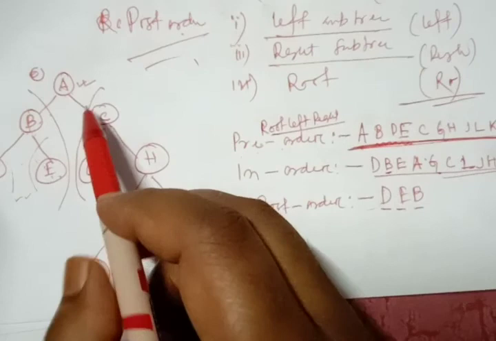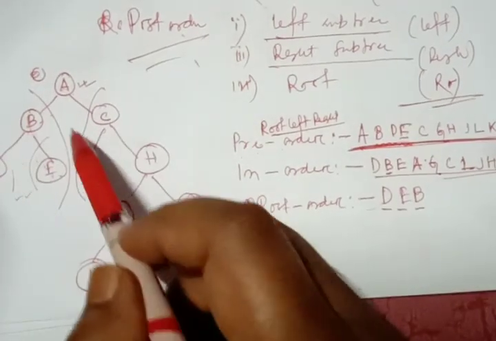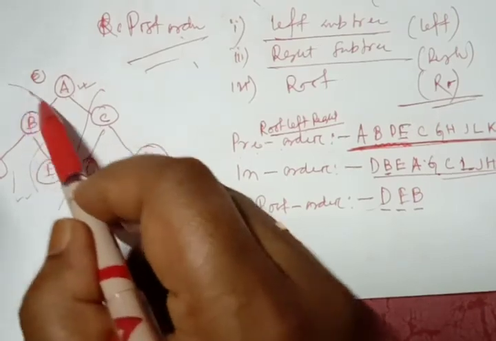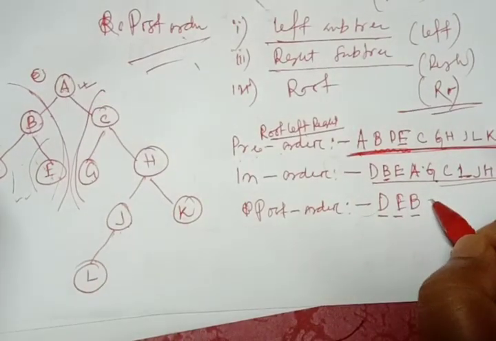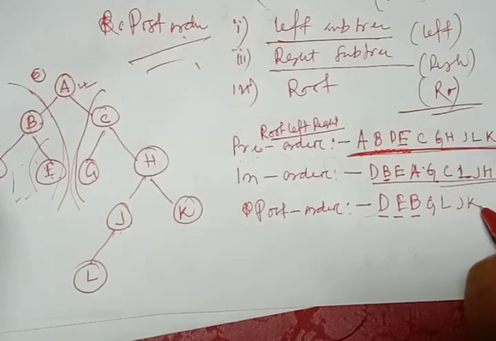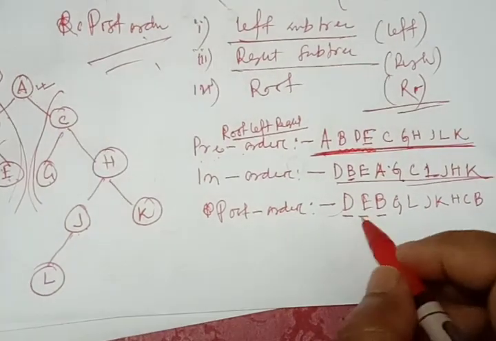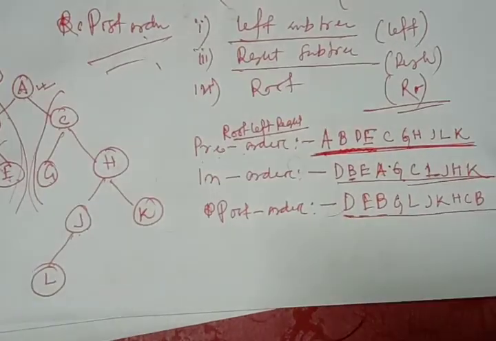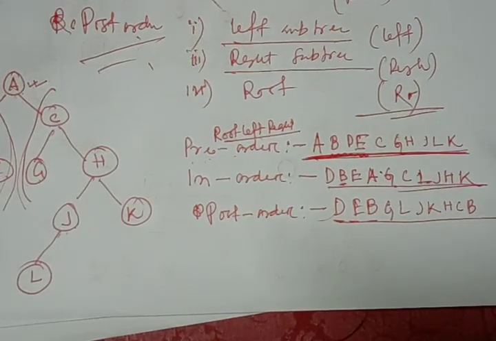We have covered the left, now we will cover the right: G, L, J, K, H, C, and finally A. This is the post order traversal sequence. So with this, I conclude this video.